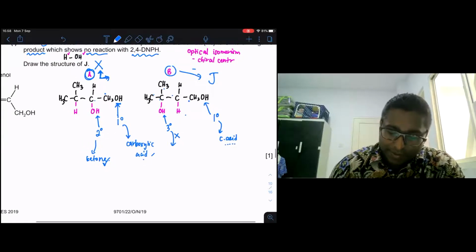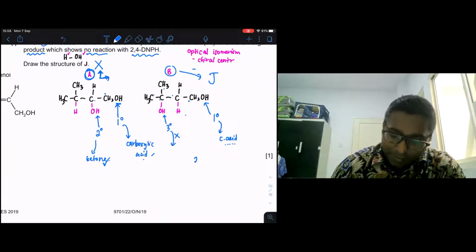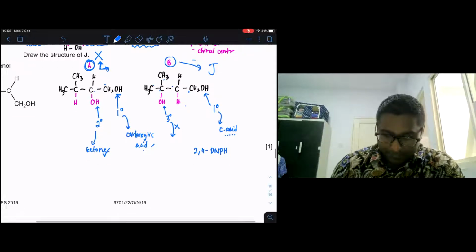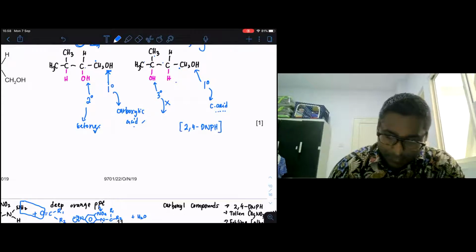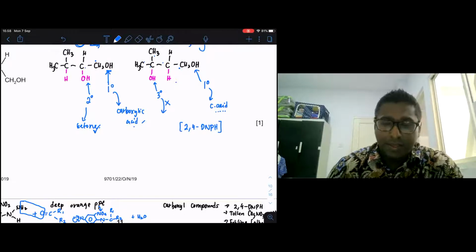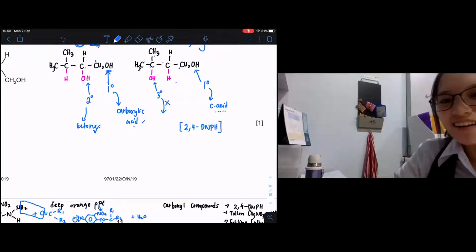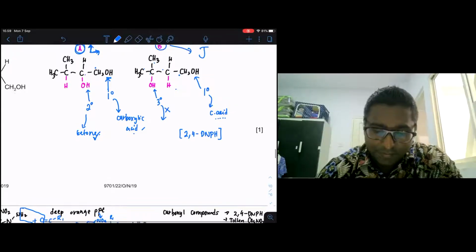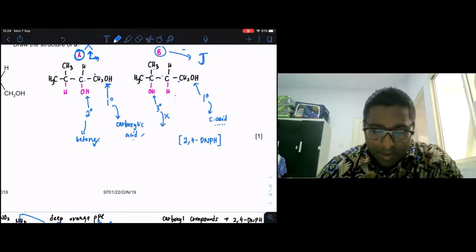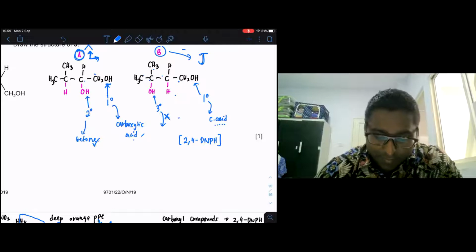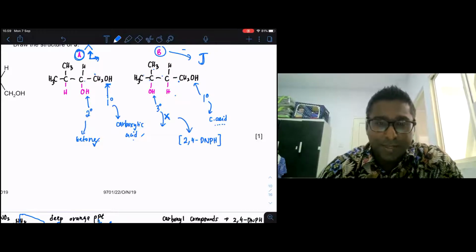Now, will I get any positive result when I react with 2,4-DNPH over here, Aneta? Do you think there will be a reaction? If it is B, in this case there is carboxylic acid and there is alcohol. Do you think there will be a positive result with 2,4-DNPH?